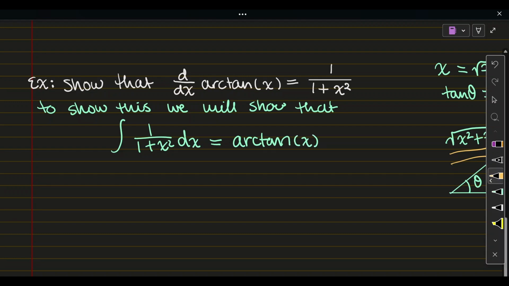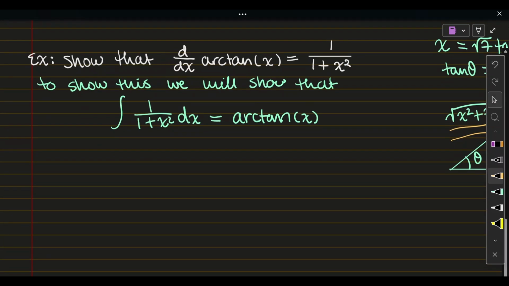Because from this, by the fundamental theorem of calculus, if I take the derivative of this, I obtain my original equation that the derivative of arctan of x is equal to 1 over 1 plus x squared. So we're just going to show that the integral of 1 over 1 plus x squared is equal to arctan of x.